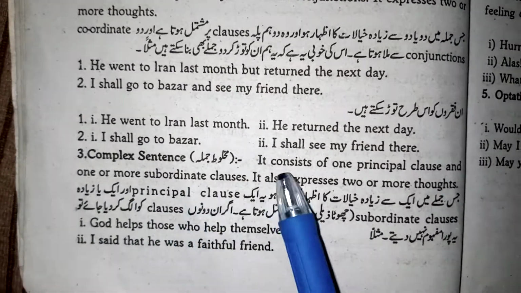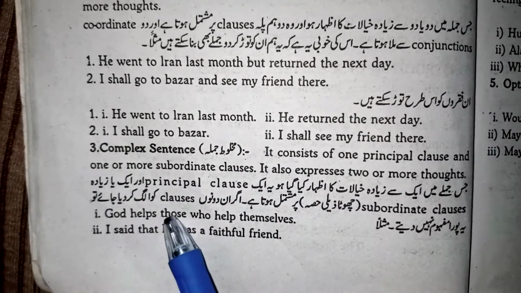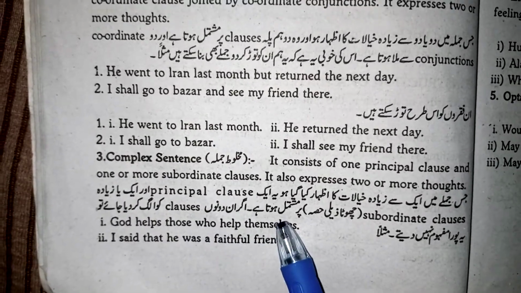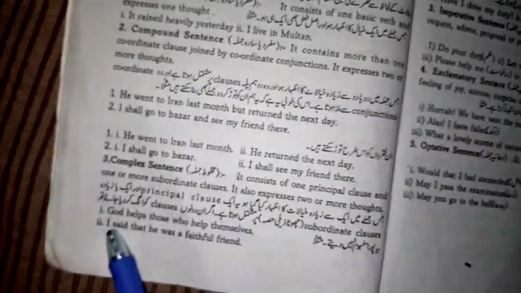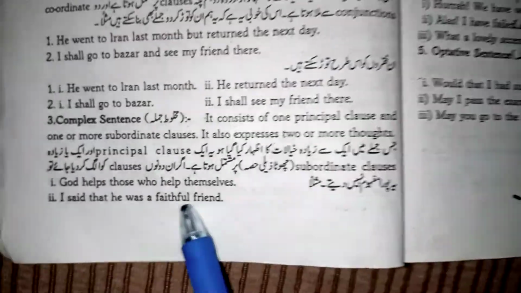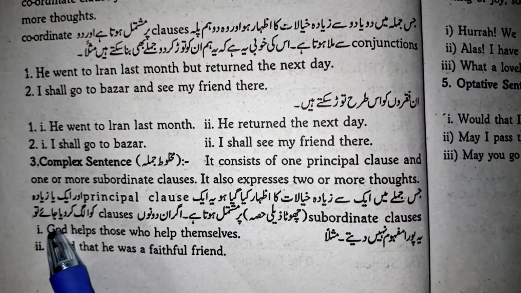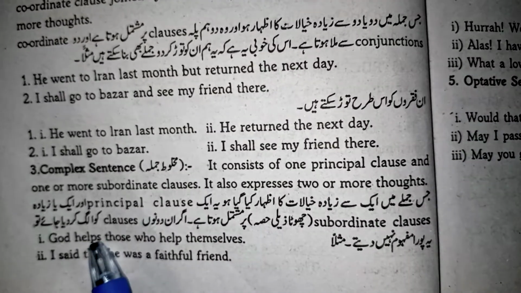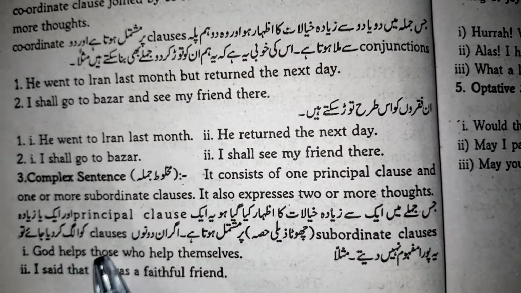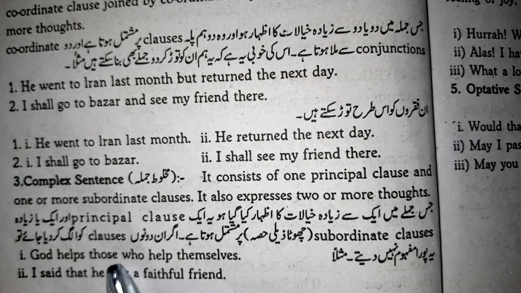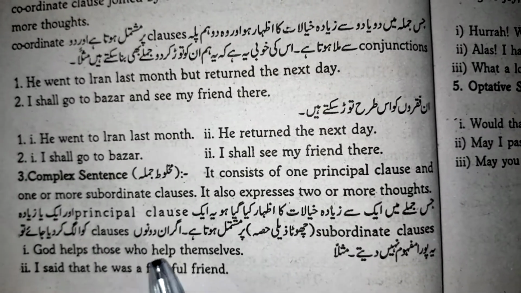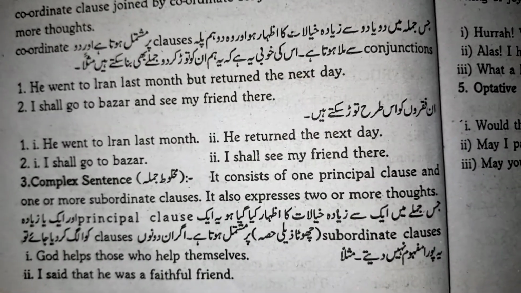Let's see. Number 1, God helps those who help themselves. Number 2, I said that he was a faithful friend. In the first example, we see that the independent or main clause is God helps those, and the next is who help themselves.